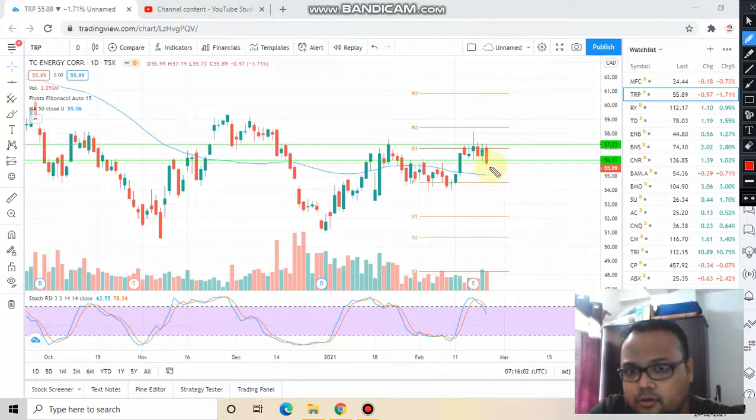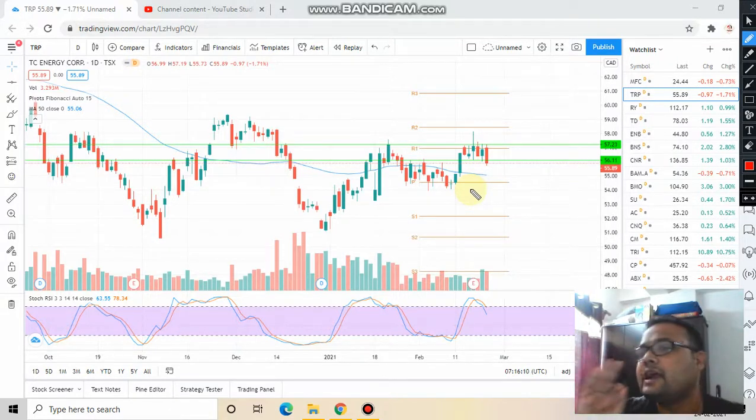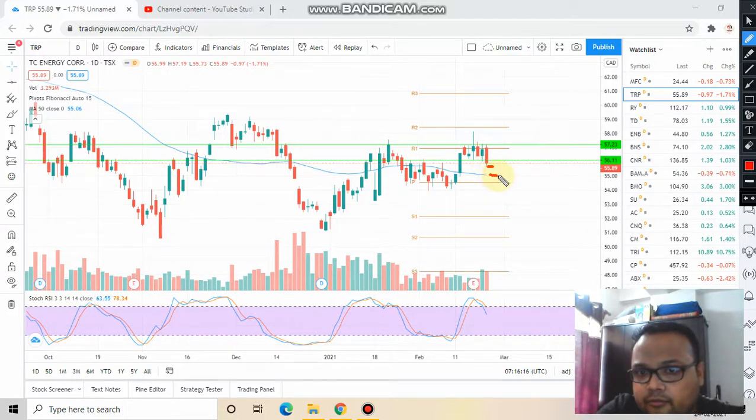Okay, if it crosses the previous day's candle, that is 55.89, if it crosses 55.89 level, okay, you can short the market here, and this will be your target, 55. If TC Energy crosses 55.89 level, or let's say 55.80, you can place the sell order. Your target will be 55.